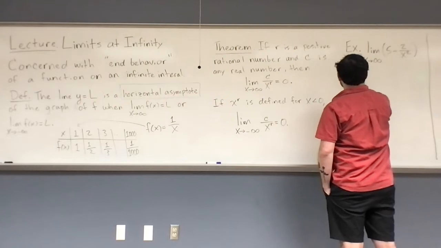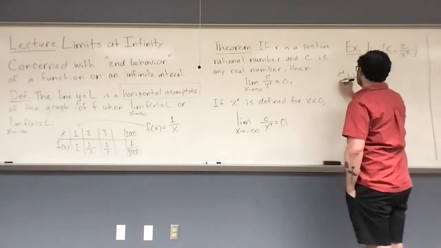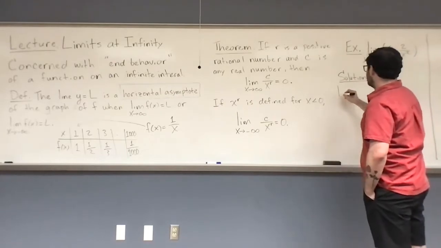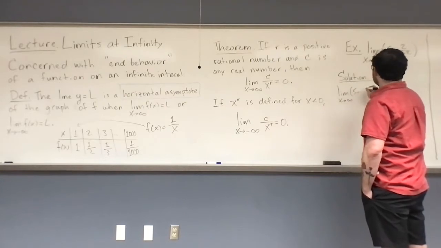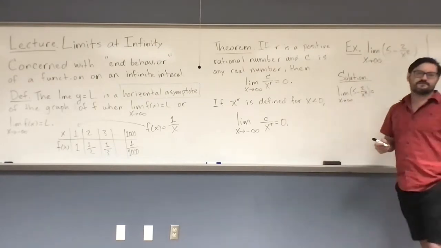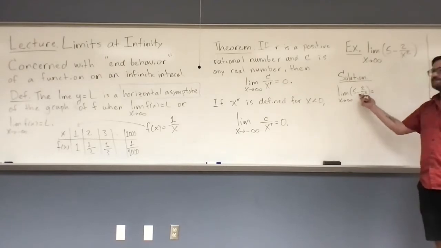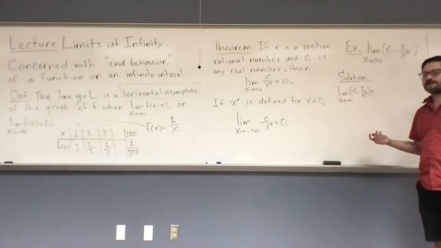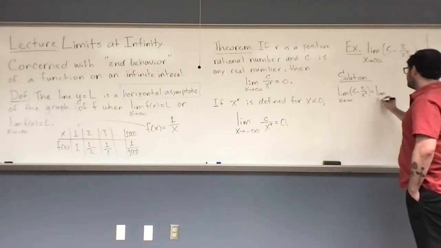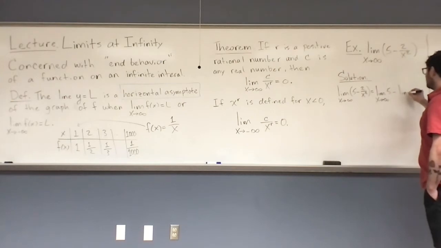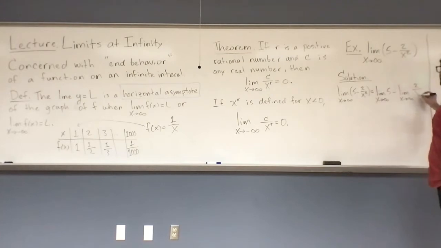But if we wanted to write out a solution to check our estimation, we would say: limit as x goes to infinity of 5 minus 2 over x squared. The limit of the sum is the sum of the limits. Subtraction is like a sum as well, it's just adding the negative. So the limit as x goes to infinity of 5 minus the limit as x goes to infinity of 2 over x squared.